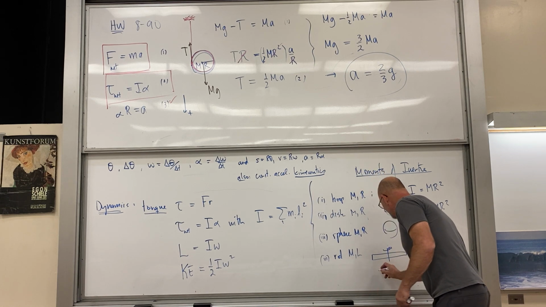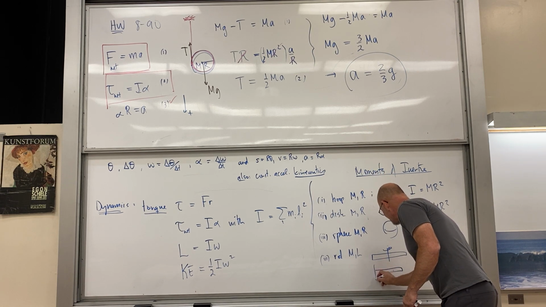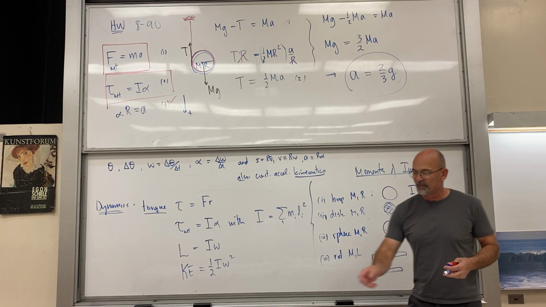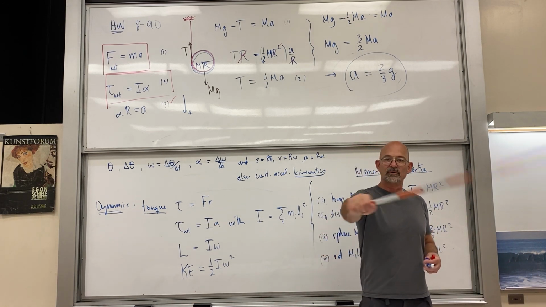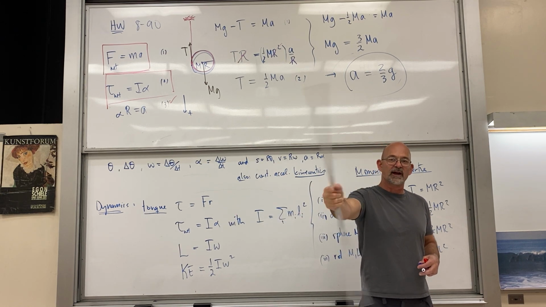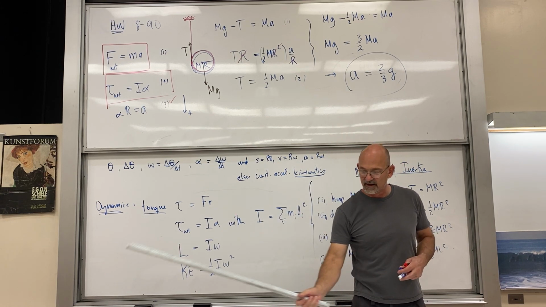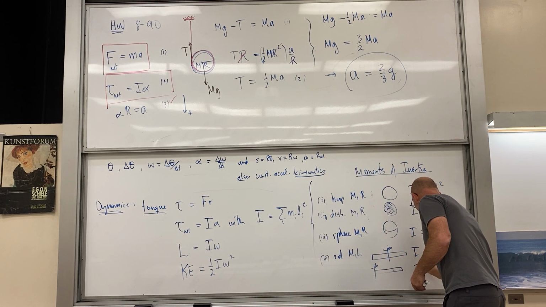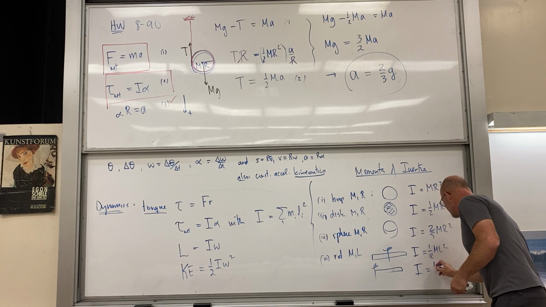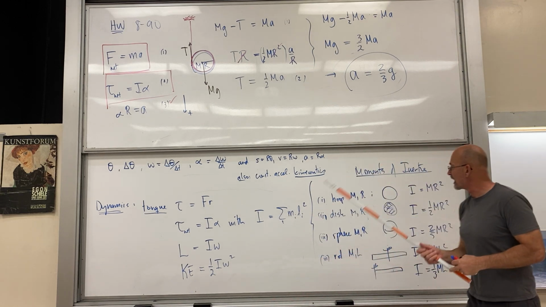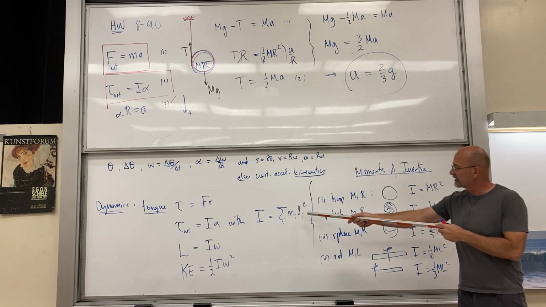And if you're rotating about an axis that goes through the end here, so that was my demonstration of just grabbing the ruler, rotating like that. And if you've tried these things, and you should try them, you'd recognize how much different that is. That one is 1/3 ml squared. Okay, it's always a mass times some length squared. That comes out of its definition.